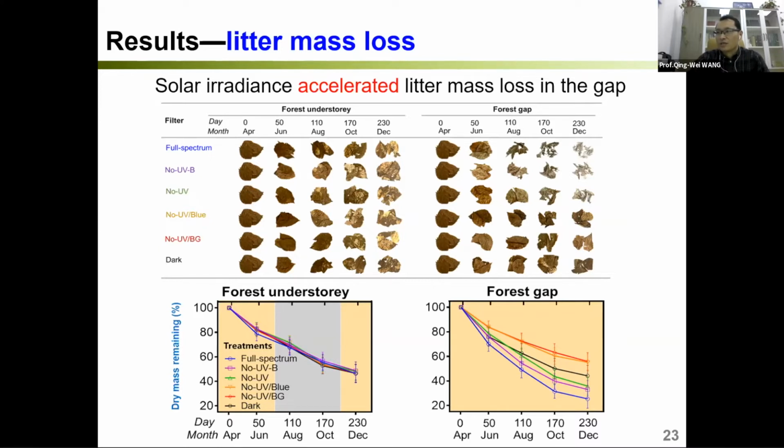Another point is about the dark treatment. You can see from the gap figure, the dark treatment result was not in our prediction. We thought it should be the opposite, but now it's lost in the intermediate of the figure. When we treated the litterboxes after collection, we found many animals in the dark treatment.